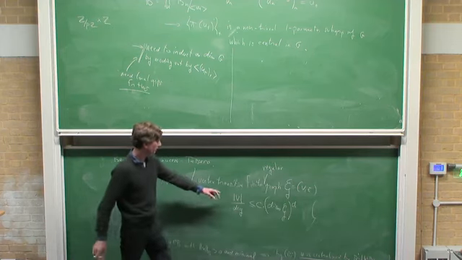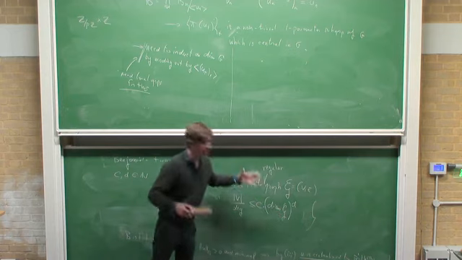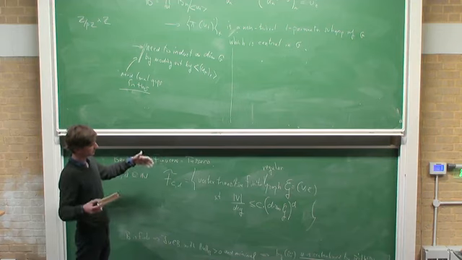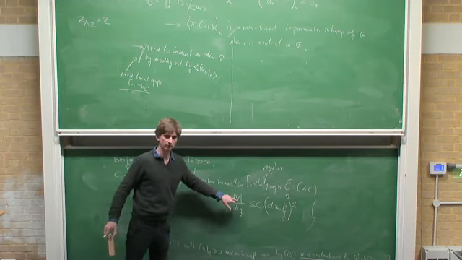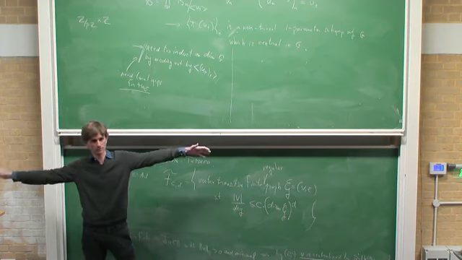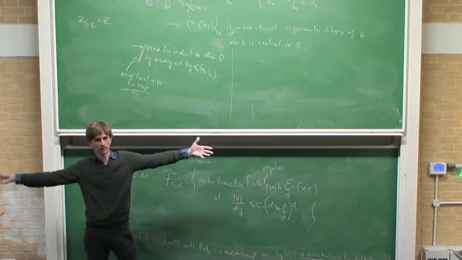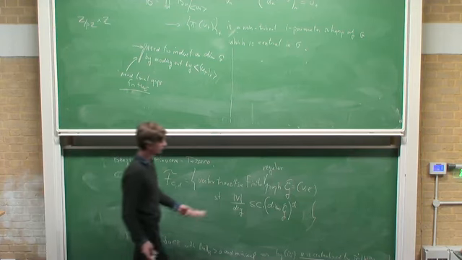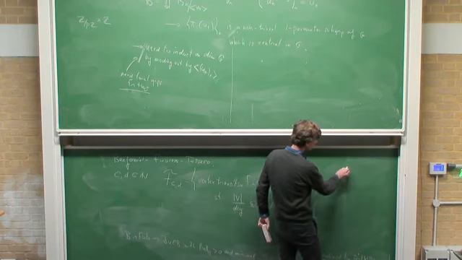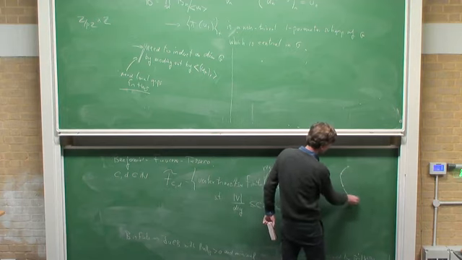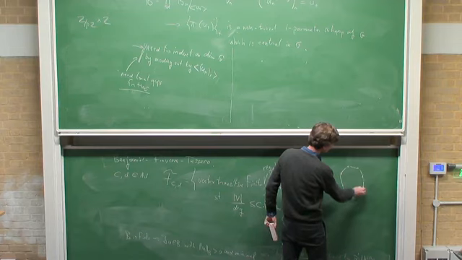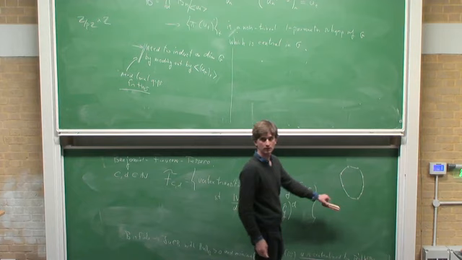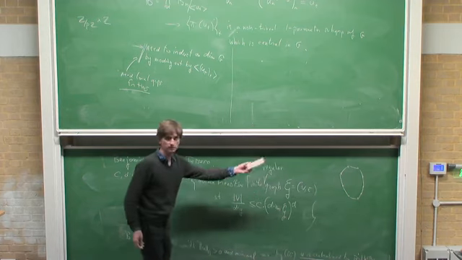So assume that the number of vertices is bounded by the diameter to some power. Or in other words, the diameter is bigger than a small power of the number of vertices. So the diameter is quite big compared to the number of vertices. Okay, so for example, we could take a large cyclic graph. The diameter is like n over 2, so here d equals 1 in this case.